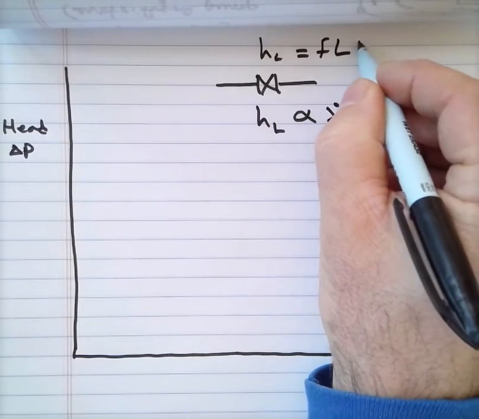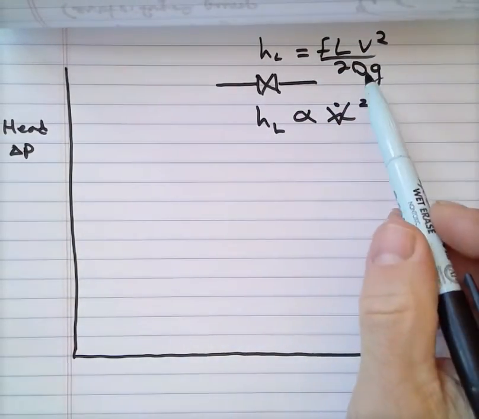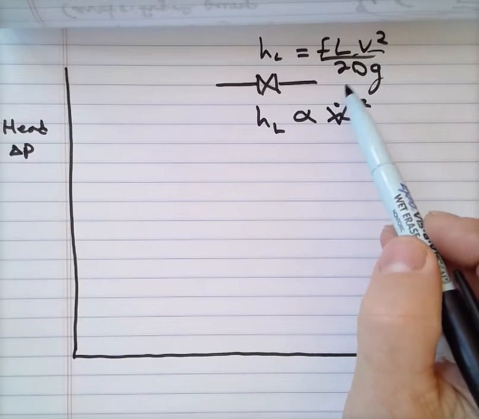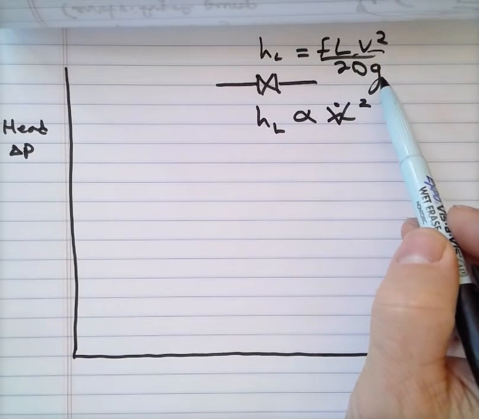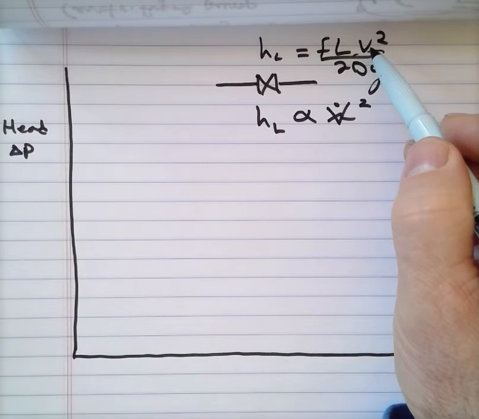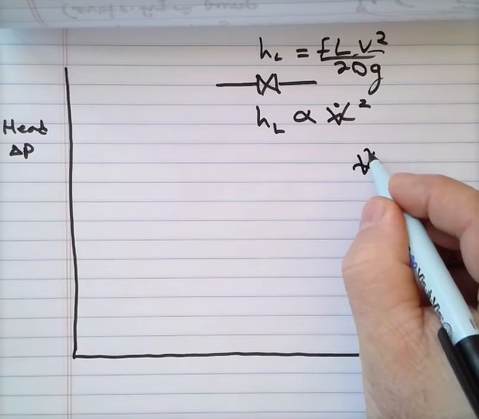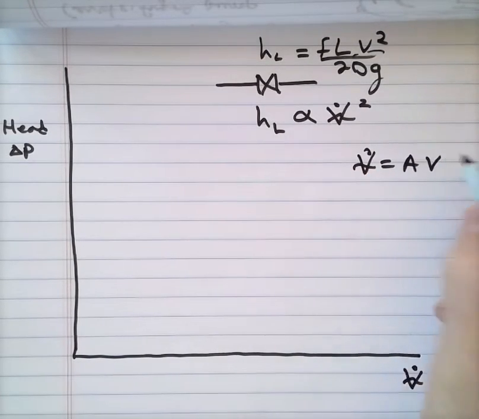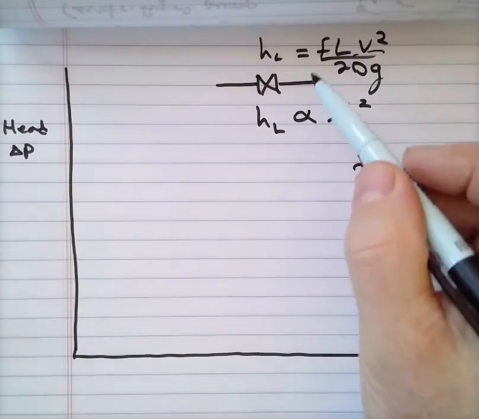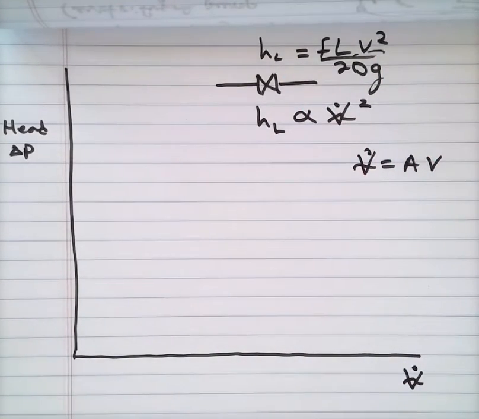We had friction factor times length times velocity squared over 2 times diameter times gravity. The important thing to note here is the velocity. Remember, volume flow rate is equal to area times velocity. So if head loss is proportional to velocity squared, then head loss would also be proportional to volume flow rate squared.